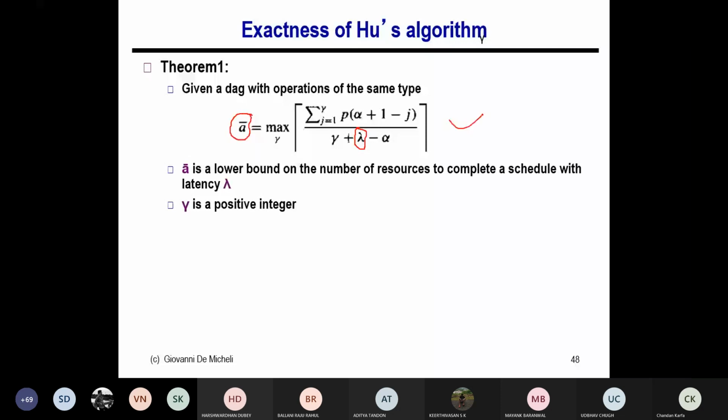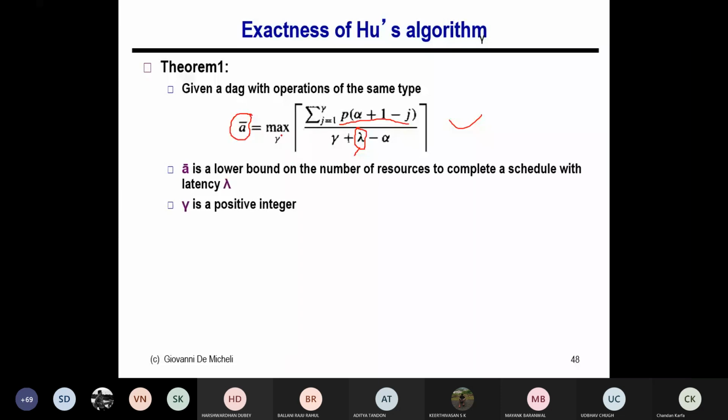I'm going to discuss this equation in detail. Don't worry about the numbers here. It says that given a latency bound, I can calculate a lower bound of resources, which is again in terms of latency also, right? And here you remember that p I, or p of some number, is nothing but the summation of those alpha I values.